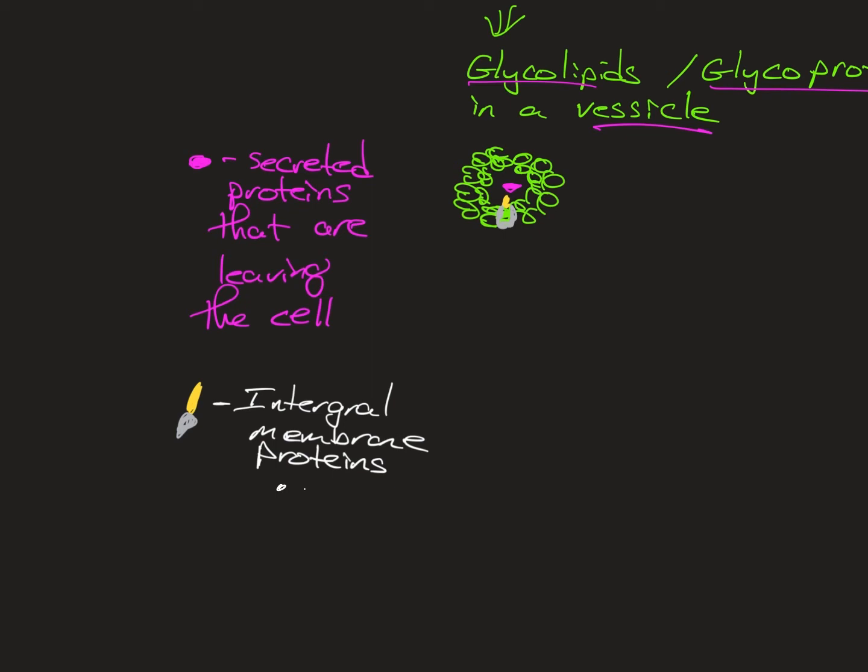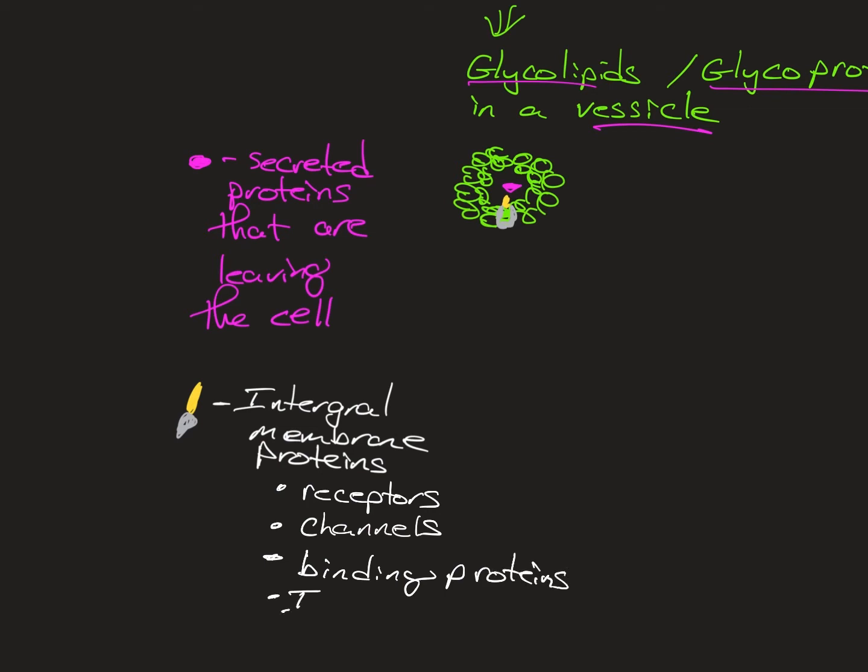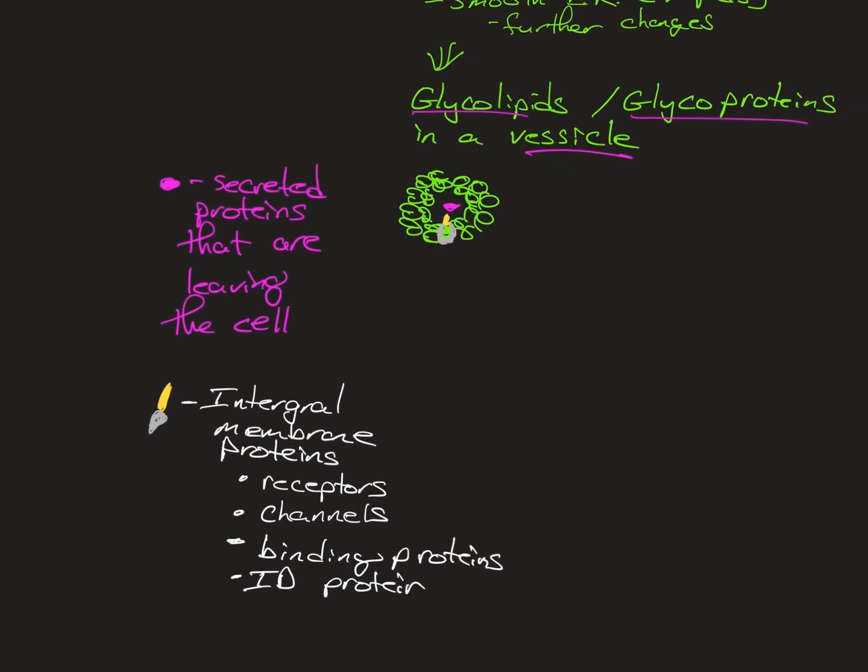They're going to be receptors. They're going to be channels. Right? What else? They're going to be binding proteins. They're going to be ID proteins, right? Cell recognition, communications, that kind of thing.